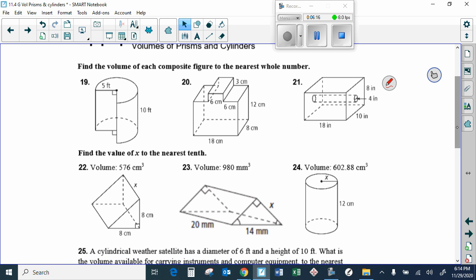Volume of each composite figure. Okay, composite means that it's not like a straight and normal figure. You might have two figures together, or you might have to subtract off a figure. So like in 19, I could find the volume of that cylinder, and then I notice this is a 90-degree angle, so I'm taking off a fourth of it.